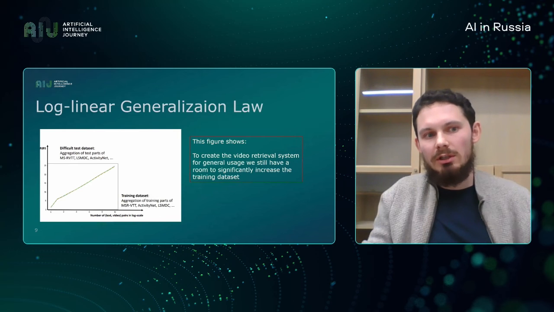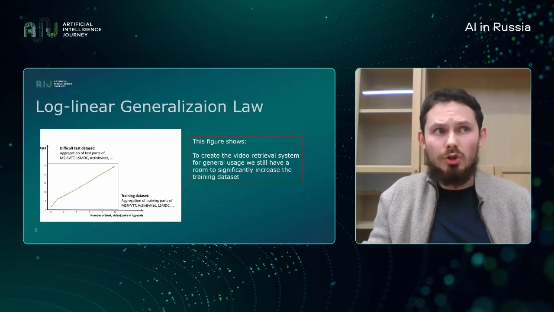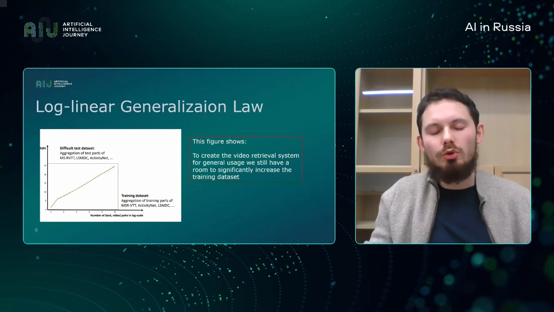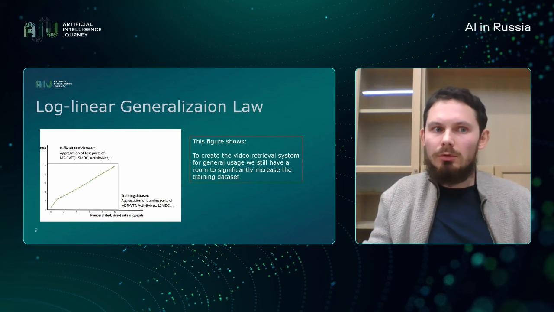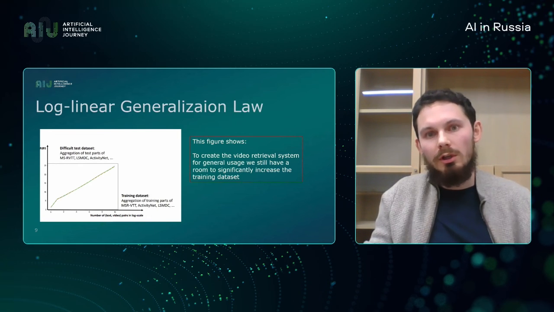The more the better. If we increase the dataset exponentially, we have a linear increase in quality on the test. On the one hand, it's very bad because we have to maintain the exponential growth if we want to improve our system more and more. On the other hand, we do not see saturation, and we see some improvement, which is good.